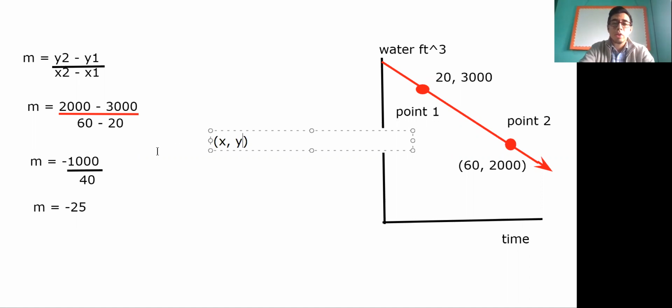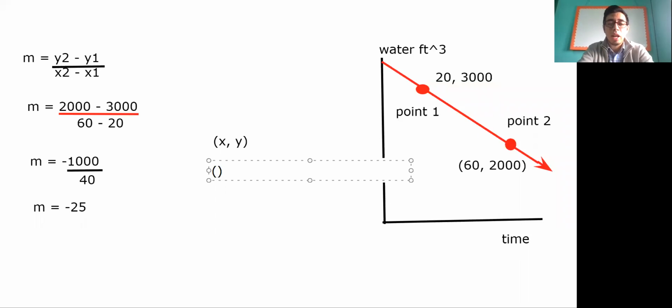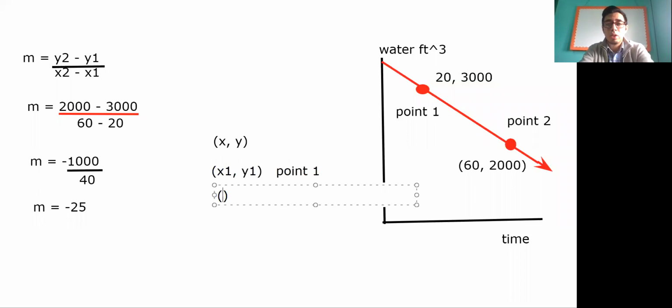For example, in the point number 1, you have x1 and y1. This is for the point 1. And in the point 2, you have the coordinates with the number 2, x2 and y2. This is for the point 2.